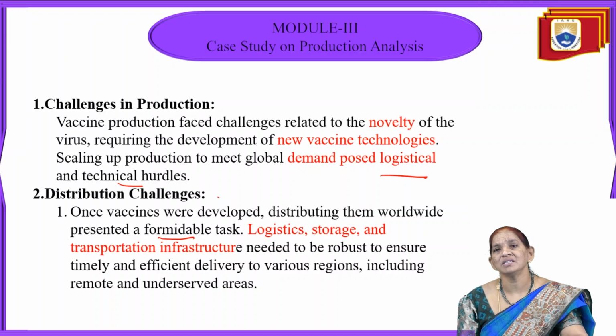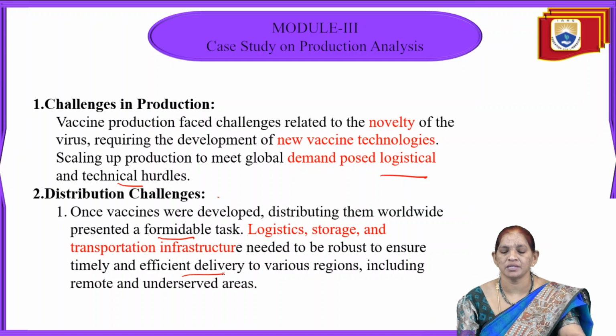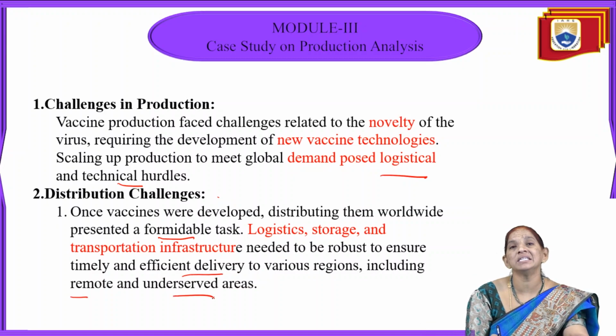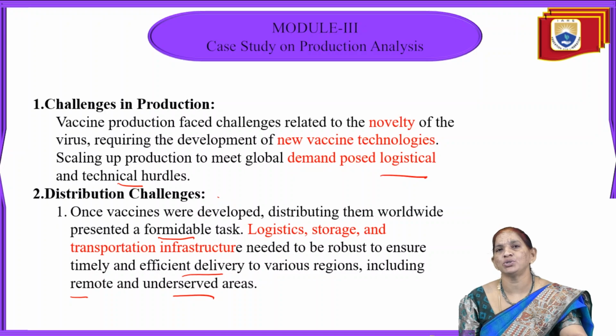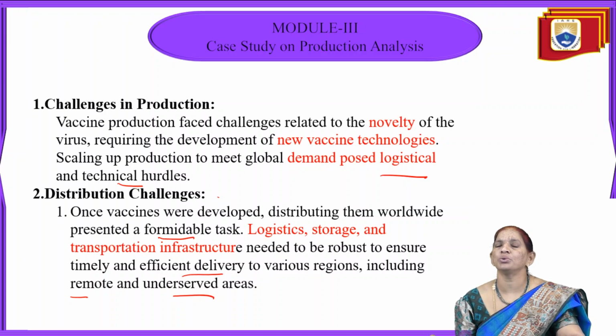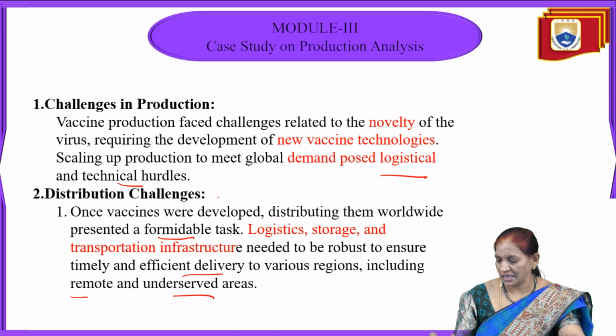The logistics of the vaccine, storage, and transportation infrastructure needed to be robust to ensure timely and efficient delivery to various regions, including remote and underserved areas. The vaccination faced many challenges related to logistics, storage and infrastructure, along with delivery and transportation, and reaching those regions on time was a tremendous challenge related to the distribution network of the global areas.